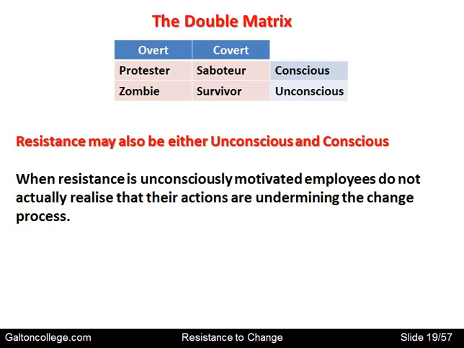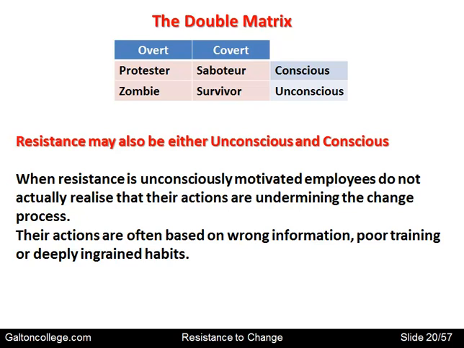It's unconscious. They have a feeling. They're not fully committed. They're unsure about it, and so they're not fully behind the proposals. It's an unconscious resistance. They need to be convinced. They need to be spoken to more.